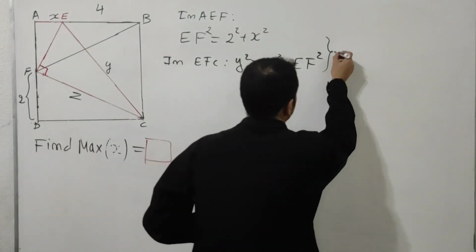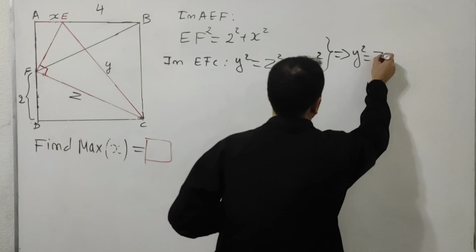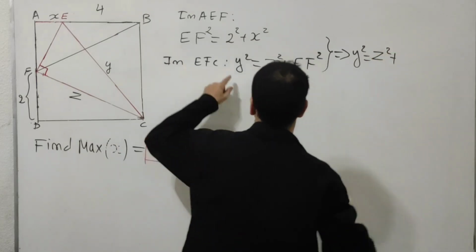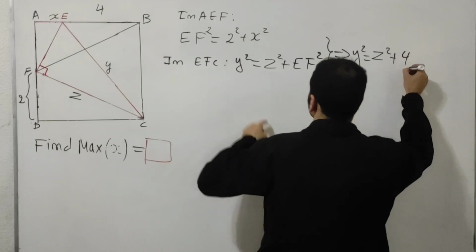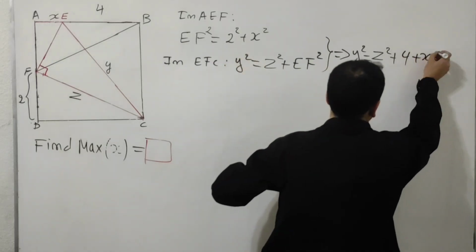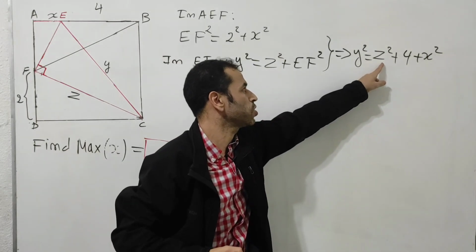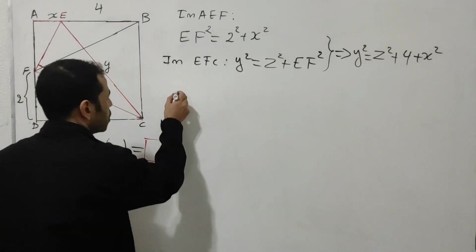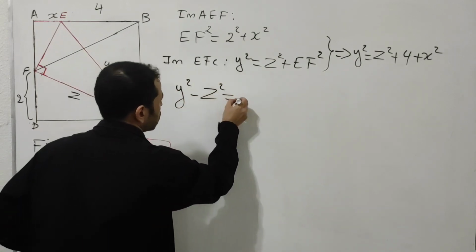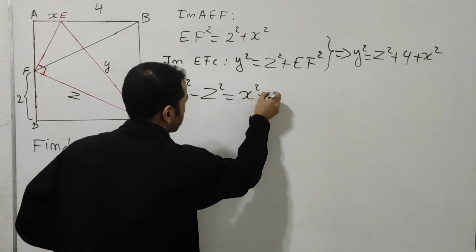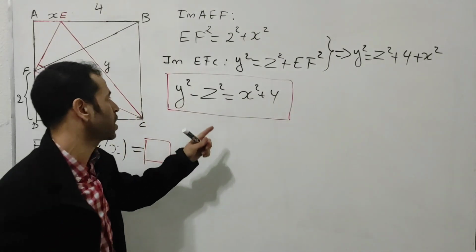So I will get y squared equals z squared plus, EF squared equal to 2 squared plus x squared, which is 4 plus x squared. Now I'm going to move z squared to the left hand side of this equation. I will get y squared minus z squared equals x squared plus 4. So here is a nice expression in terms of x, y, z.